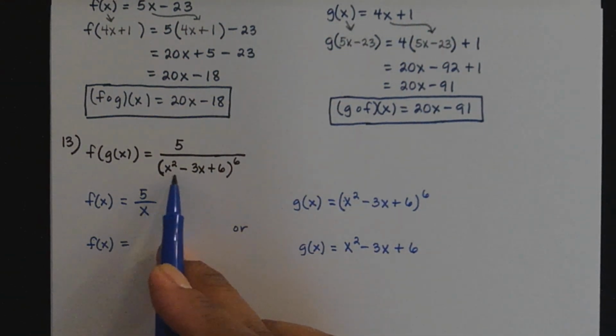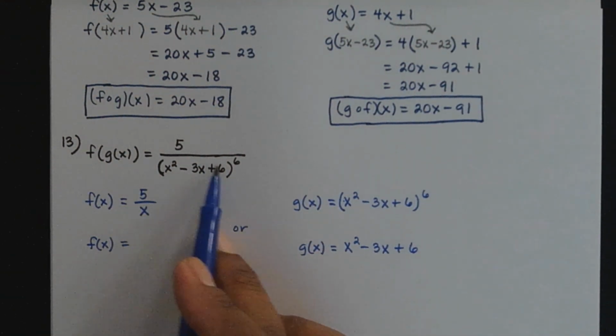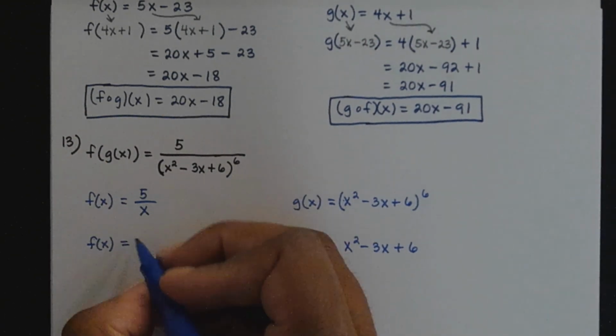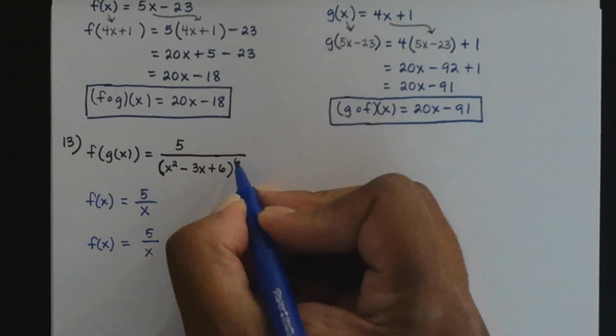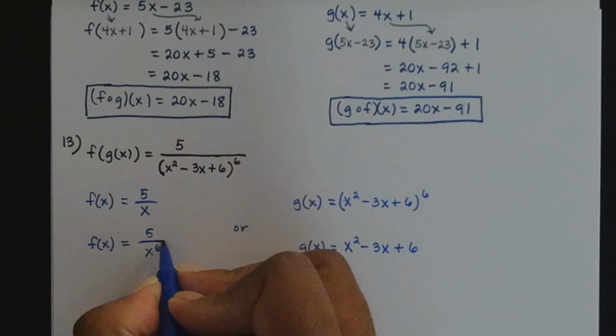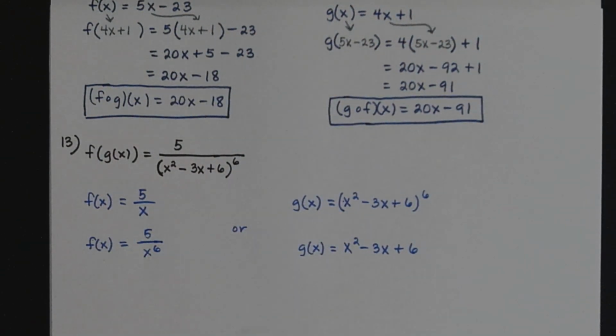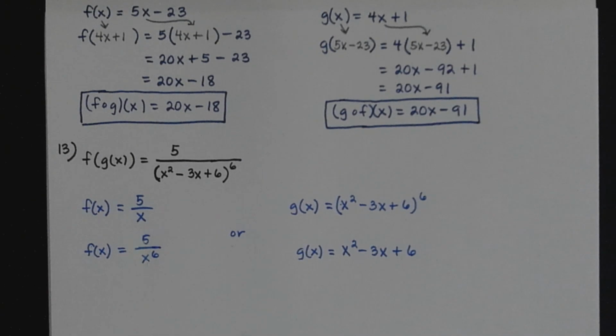And then, since that x squared minus 3x plus 6 was put in place of x, f of x could be 5 divided by x to the 6th power. Okay. So it could be this one or this one.